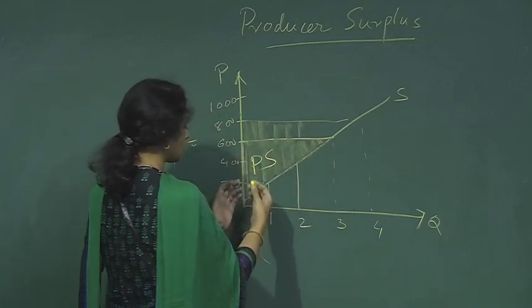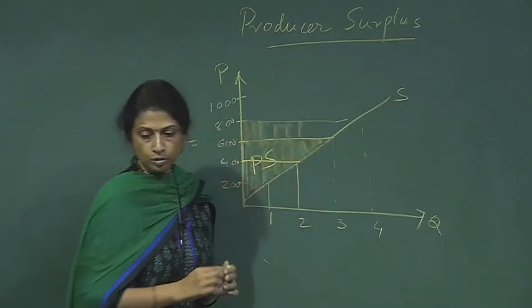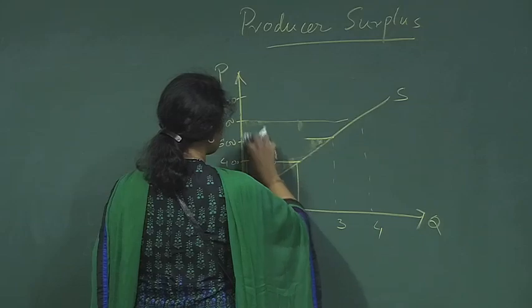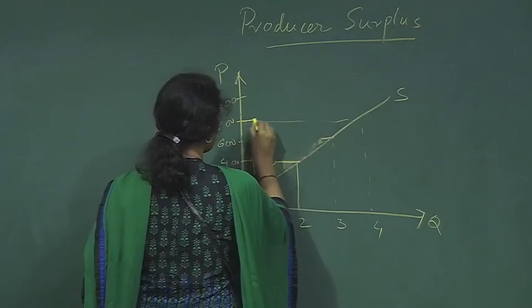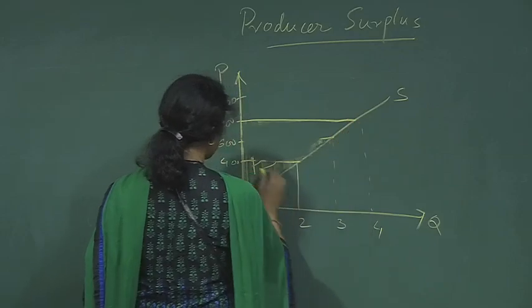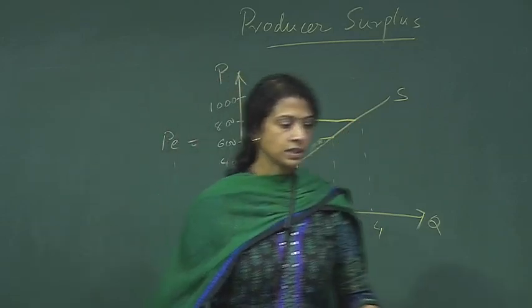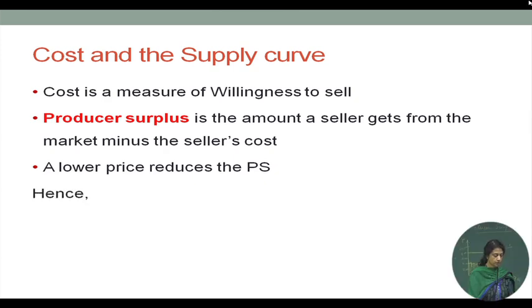Now, when price goes down, if it is 400, these producers all exit the market because price is now lower than their willingness to sell, and so producer surplus goes down. So, basically producer surplus is the amount a seller gets from the market minus the seller's cost. A lower price reduces the producer surplus.